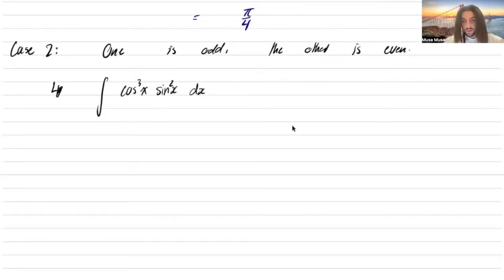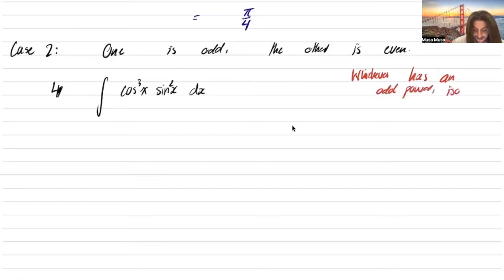What you want to do always is, whichever has an odd power, isolate one of them. So in this case, the cos is put to the power of 3. So you want to isolate one of those cosines.